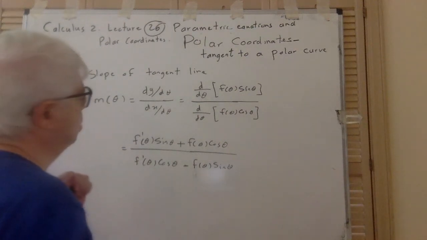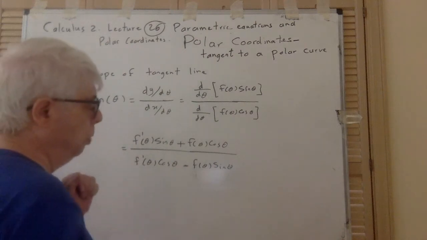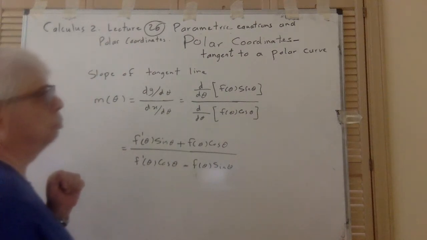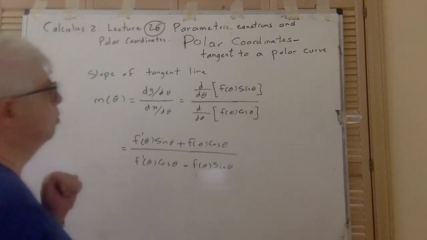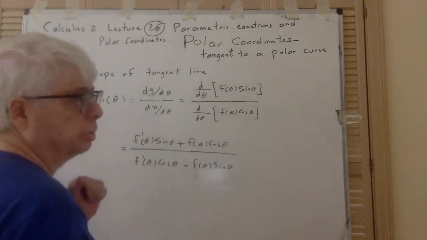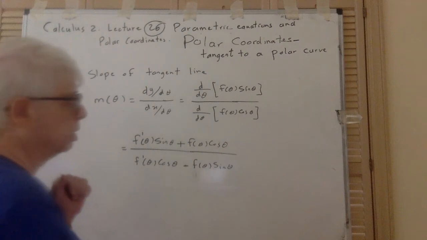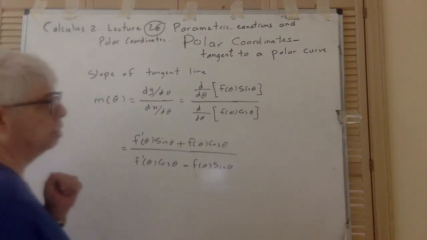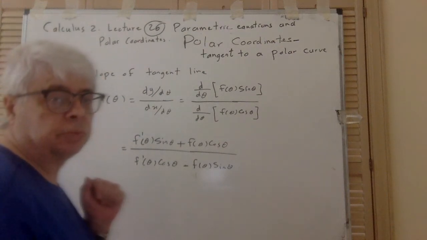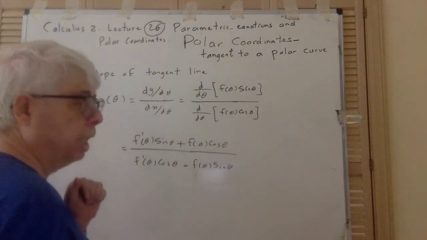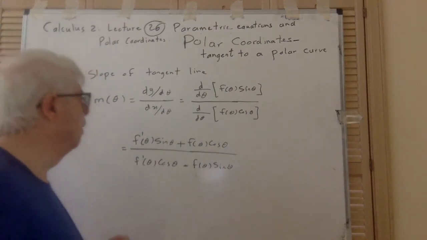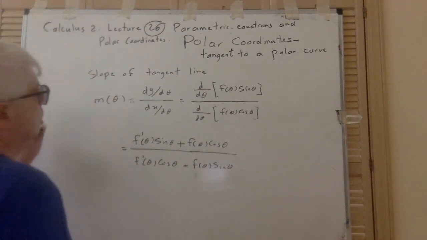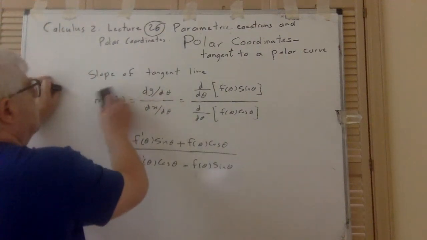If you are given theta, you can find the slope and the point in xy coordinates. Then you can write down the equation for the tangent line in rectangular coordinates. Okay, let me give you an example.